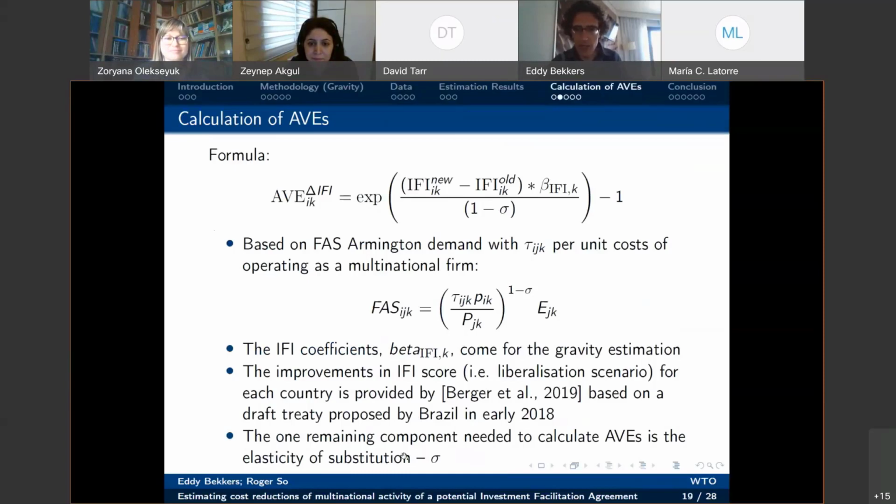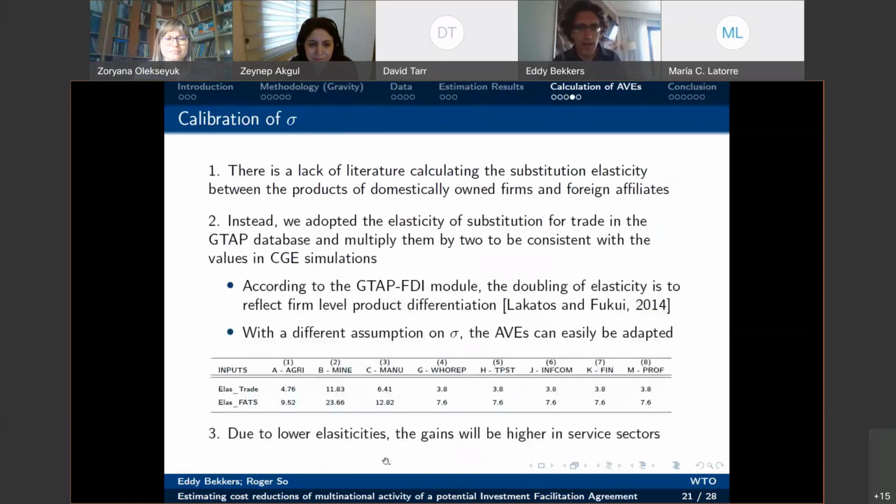And so the substitution elasticity, I come back to this one. You could say there is a lack of literature, but in principle, I think there is a solution. In the end, the substitution elasticity you use should align with the theoretical model that you're using.